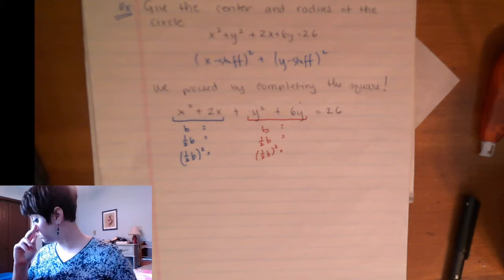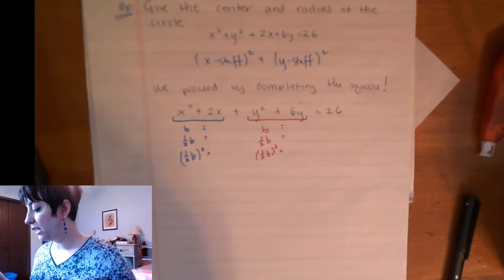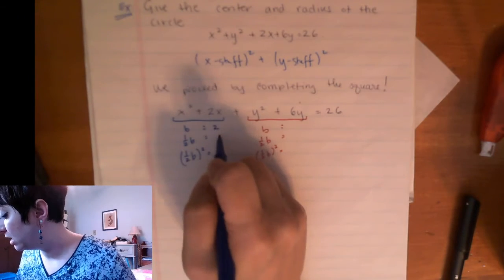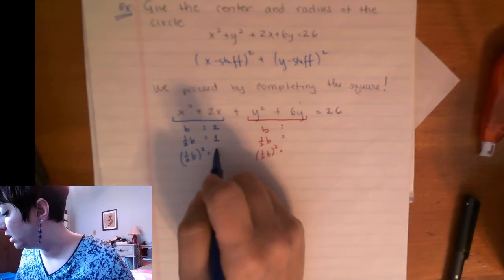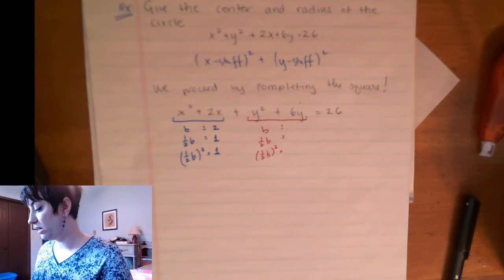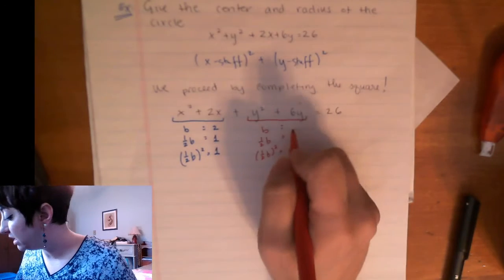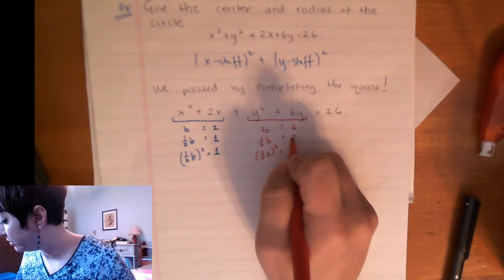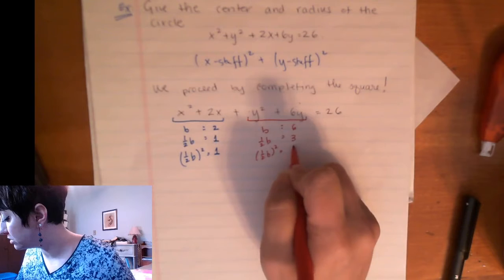So for x squared plus 2x, the b here is 2, half b is 1, half b squared is 1. For y squared plus 6y, b is 6, half b is 3, half b squared is 9.